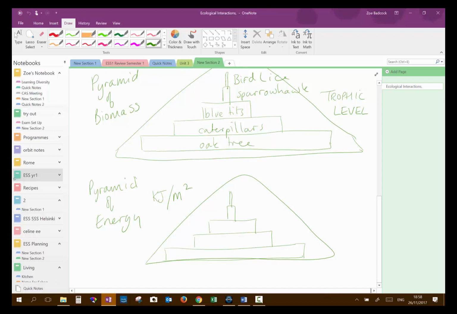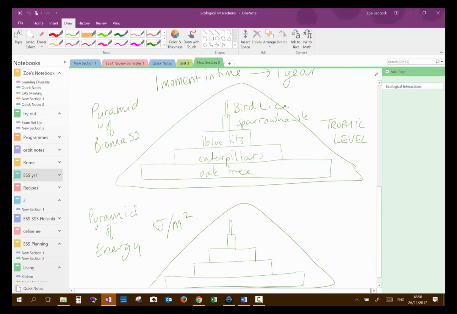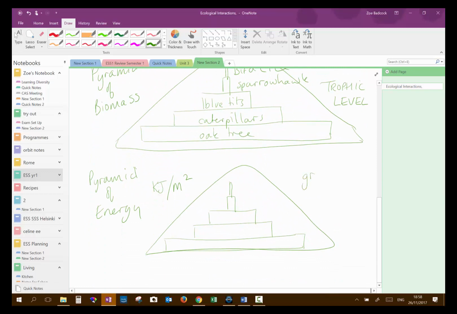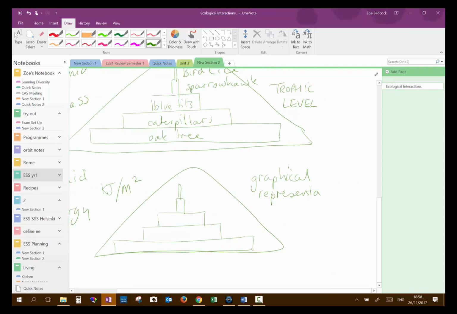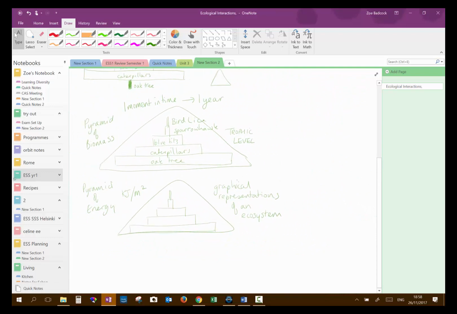Okay, so that's a normal situation. And these are just graphical representations of an ecosystem. And they're useful for us to be able to compare different ecosystems.